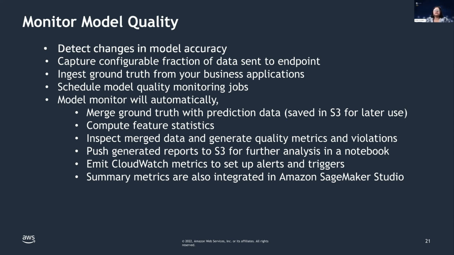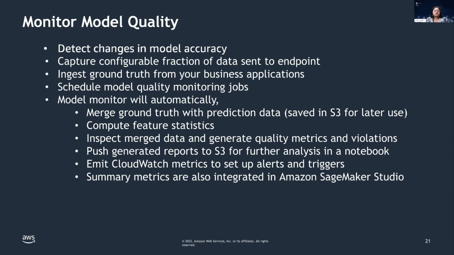SageMaker is going to combine those human predicted target variables over a period of time with the target variables predicted by the SageMaker model and execute a merge job. And then depending on the results of the merge, compare the feature statistics.